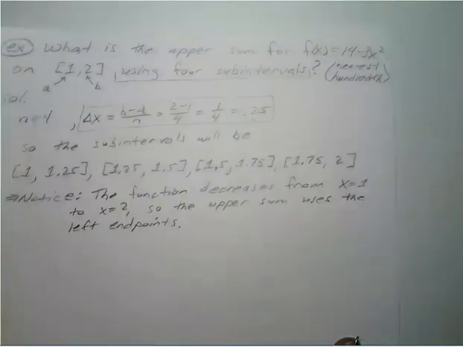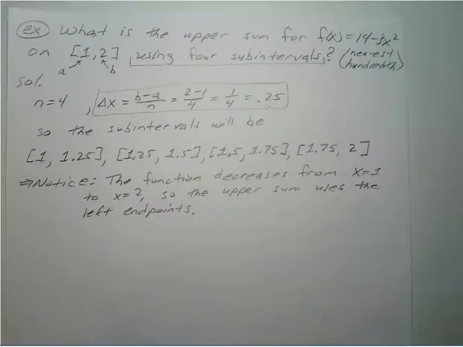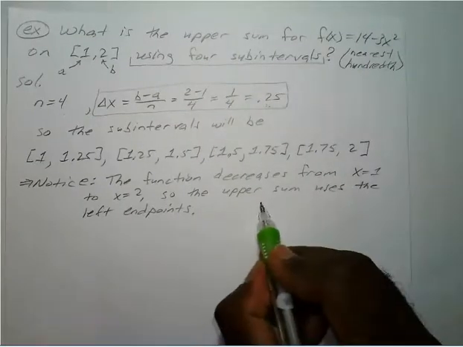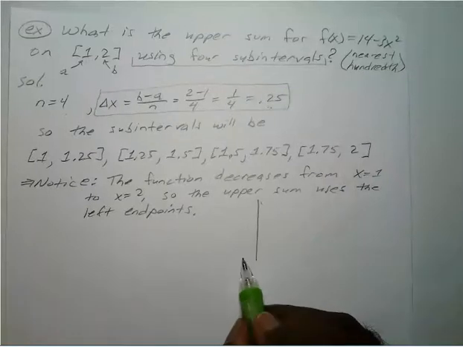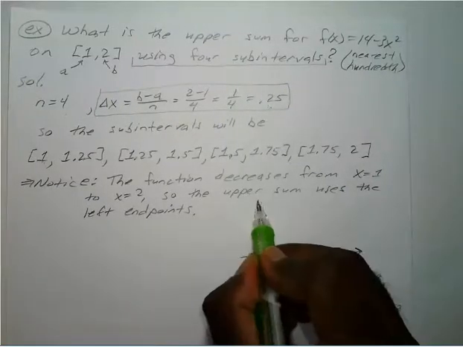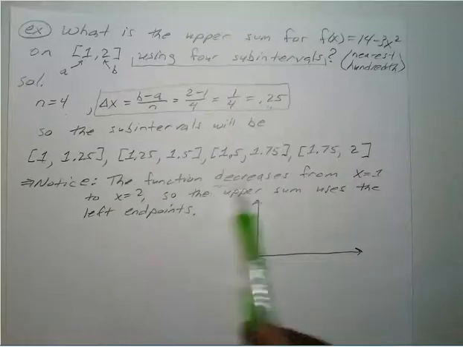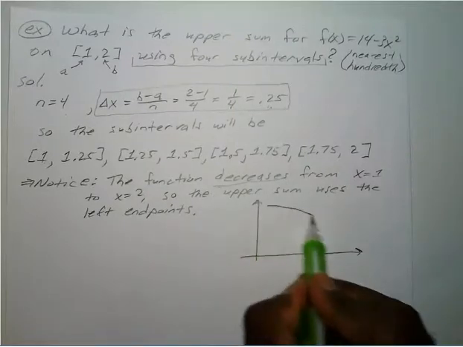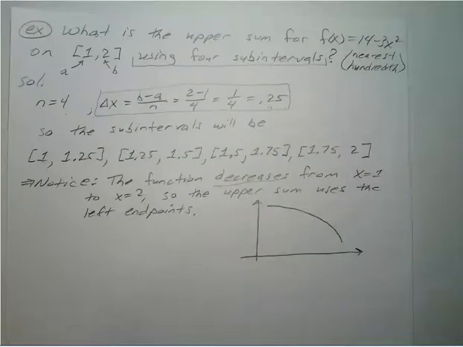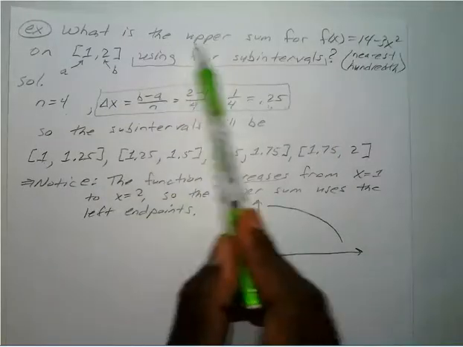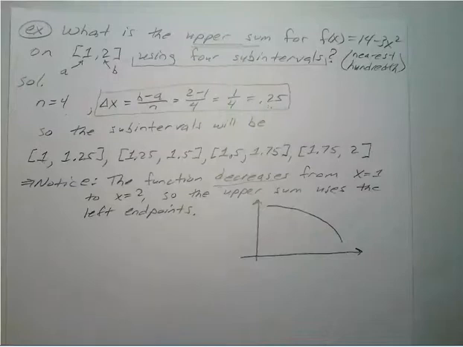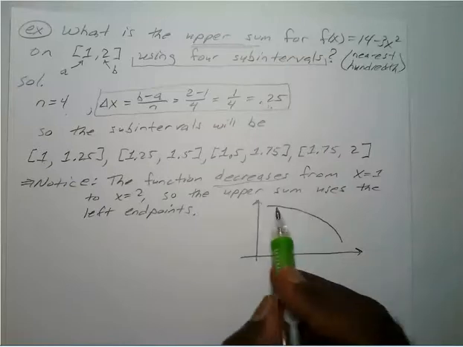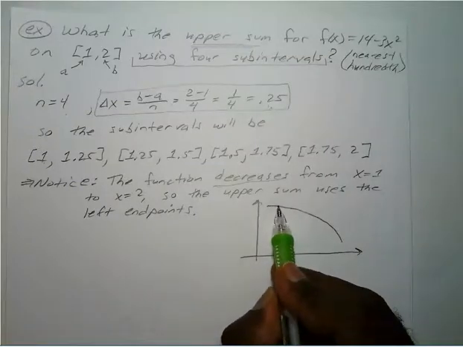All right, so once again, we're just going to do a quick little sketch to help visualize. If we have our X and Y axis here, since we know it's decreasing, it's going to be decreasing like that. Okay, so it's a decreasing function. Once again, we're looking for the upper sum, so that means our rectangles will be above our function.